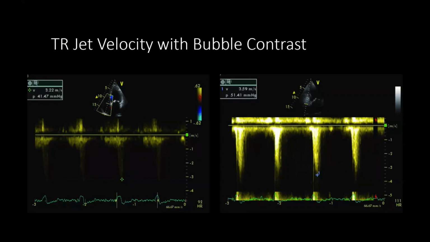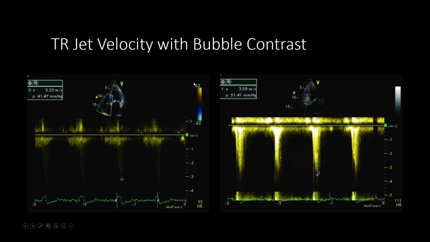However, there is a case series where this was investigated, 29 patients, where 3 to 5 milliliters of agitated saline was injected, and images were obtained on the apical 4 view. The jet area and the length of the jet increased significantly in 20 out of 29 patients, but the TR jet speed measured by continuous wave Doppler did not change significantly.